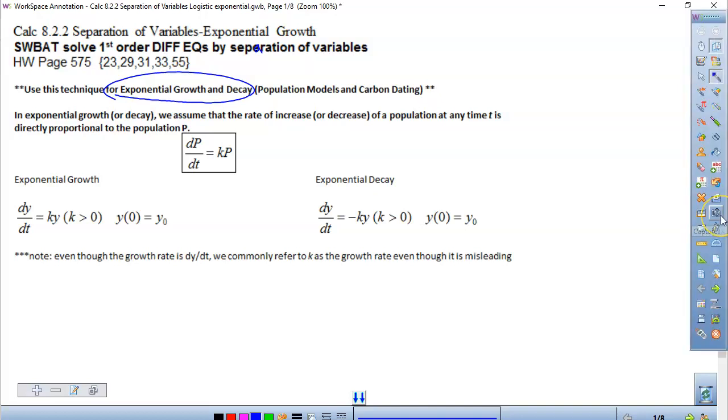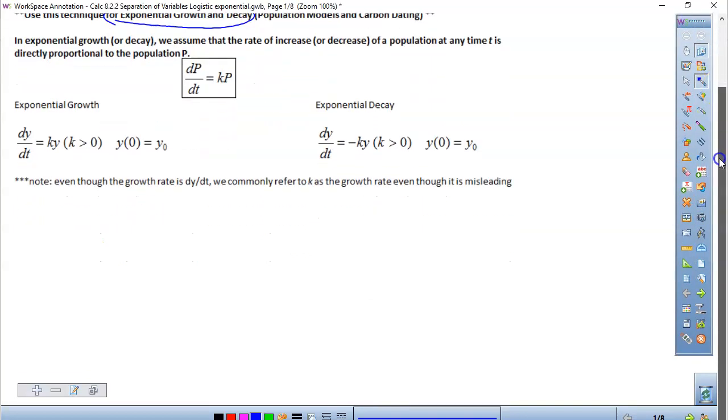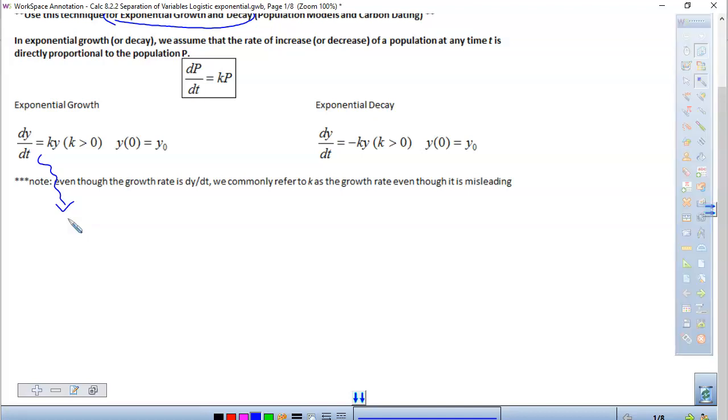All right. So you guys have a little bit of space there, right, underneath that? So I just want to move this over a little bit. Okay. So if we do what we did yesterday, what would we do if we had something like this? If we separated the variables, we would have dy over y equals k dt.